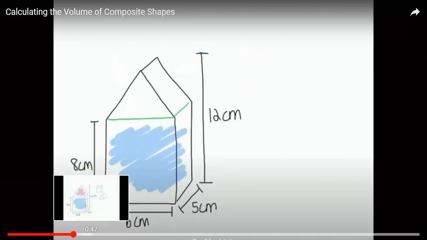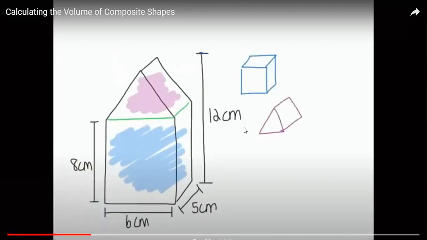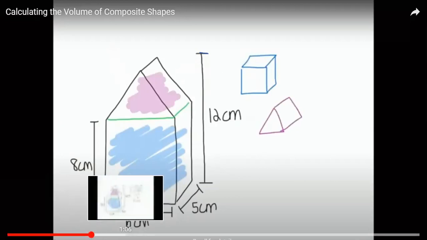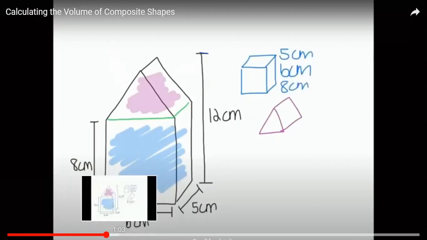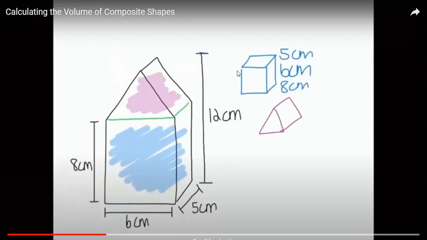Understood? So at the beginning, we said that we will divide the figure into 2 shapes. The first one is a rectangular prism. The second is a triangular prism. What are the dimensions of the rectangular prism? It will be 8 and 6 and 5. So we calculated its volume. For the triangular prism, we found the dimensions.